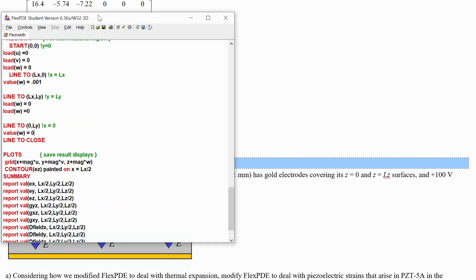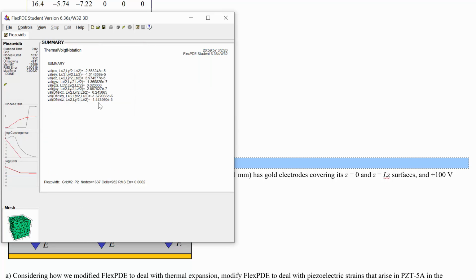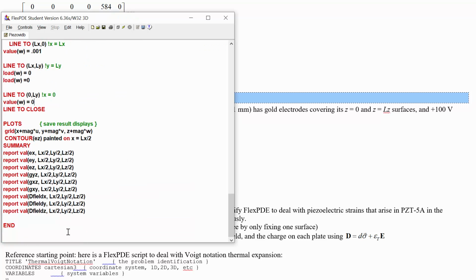So when we had a polarization field in the z direction of this 1.4e-3, when we multiply that by the 5 centimeters and the 1 centimeter, we can figure out how many coulombs of charge are on the top plate. So we'll say report val D field z times Lx times Ly at Lx over 2, Ly over 2, and Lz over 2, which works as long as D field z is uniform, as Q top.